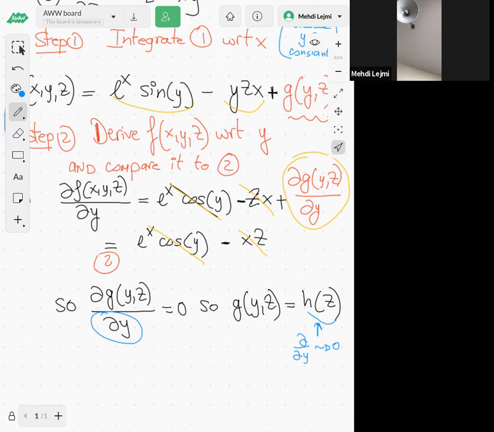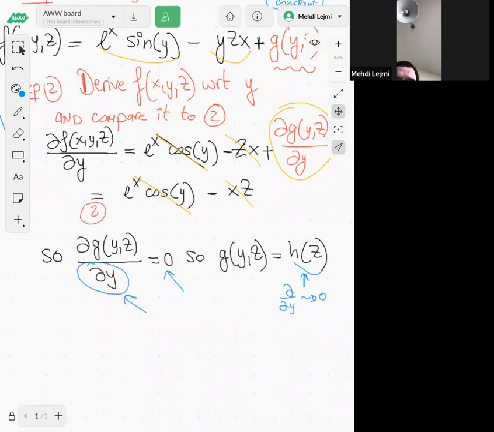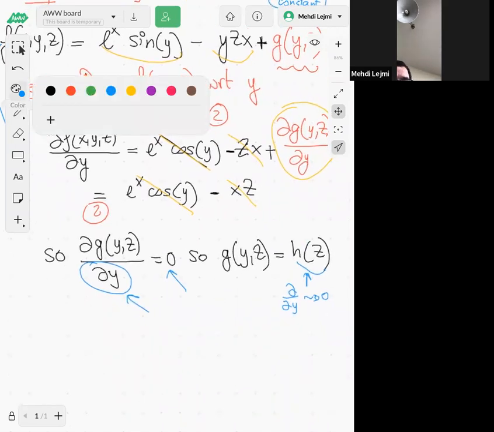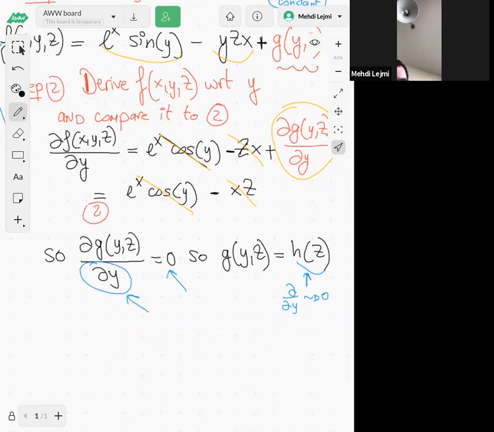What we are saying here is that the derivative with respect to y is 0, so it must be a function of z, because z is a constant when you derive with respect to y, right? So from this step number 2, we have more information about this function g.